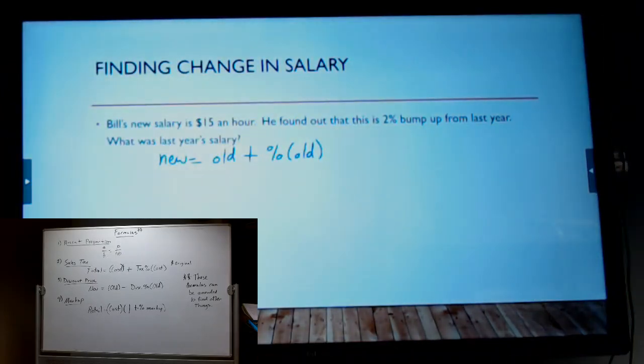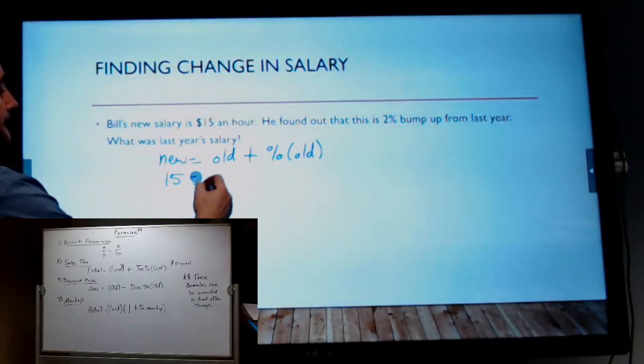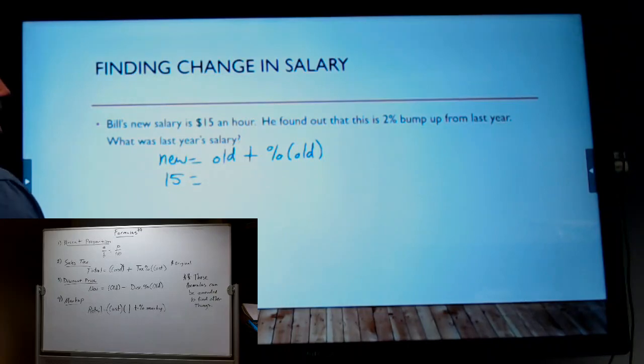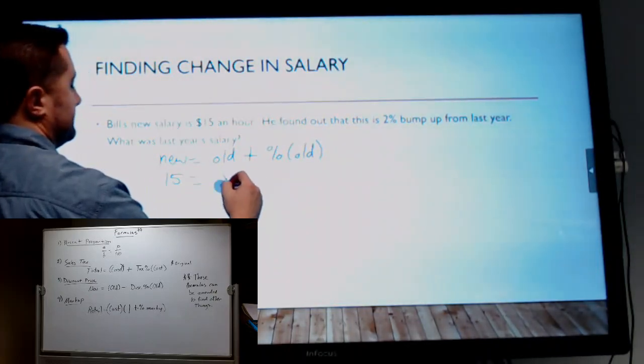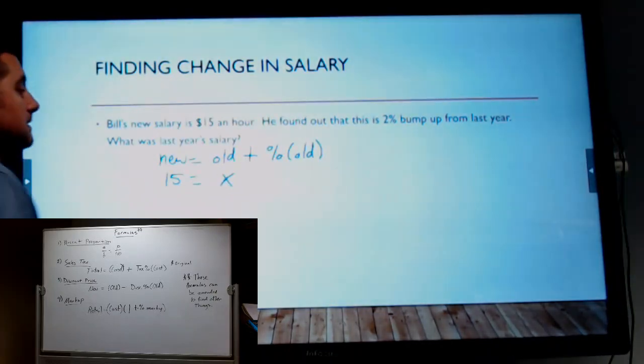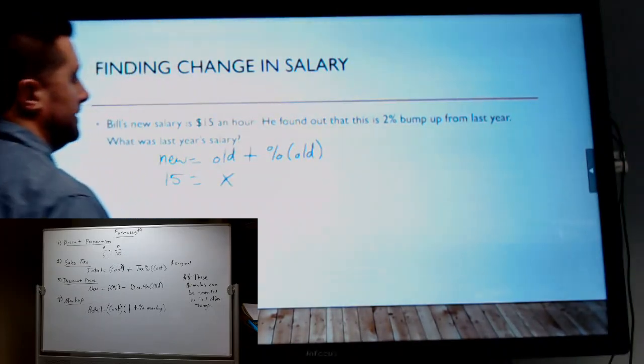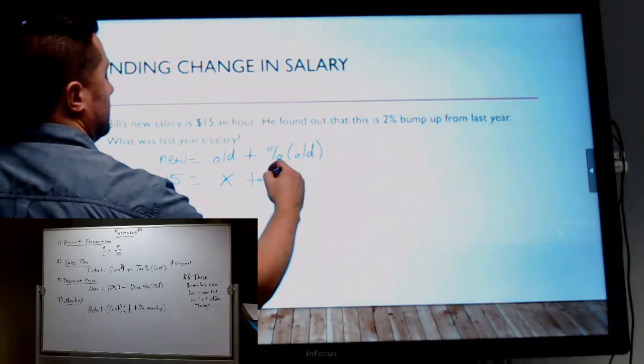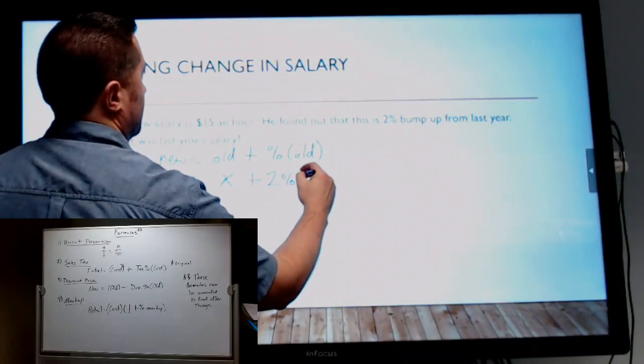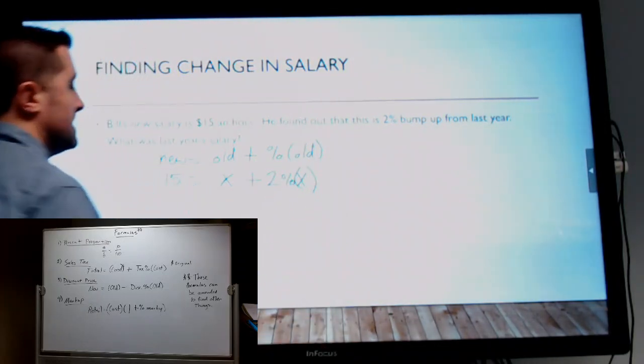Okay. So we know the new one was $15 an hour. The old one, we don't know. We'll call it X. And we know that it's a 2% bump of the old one.